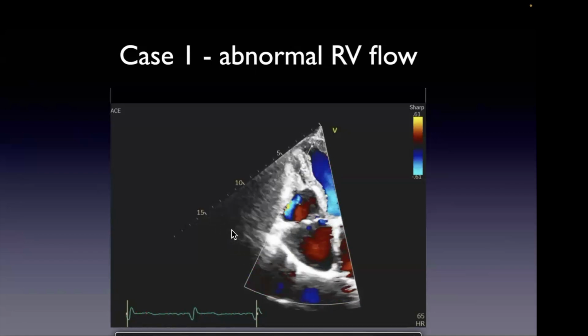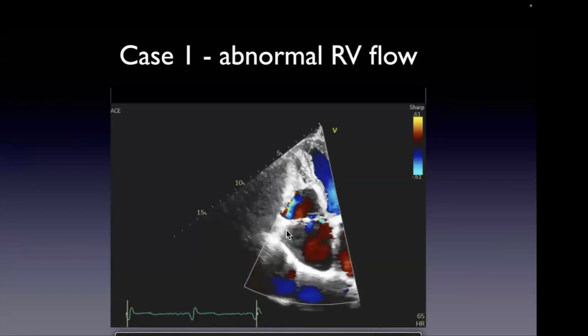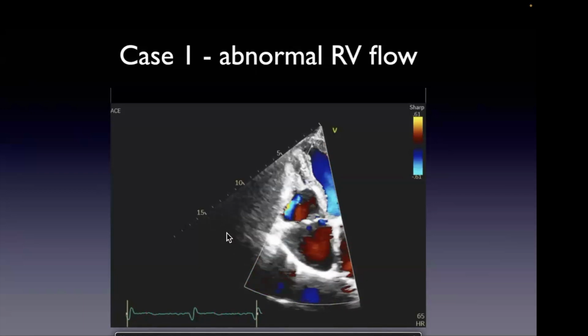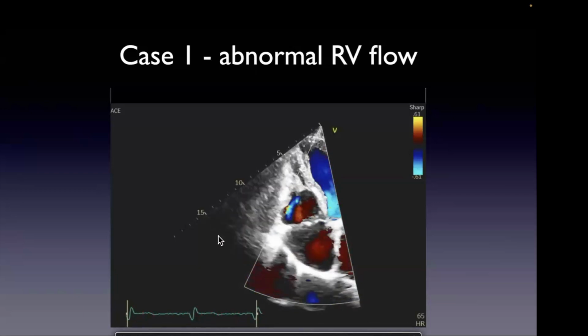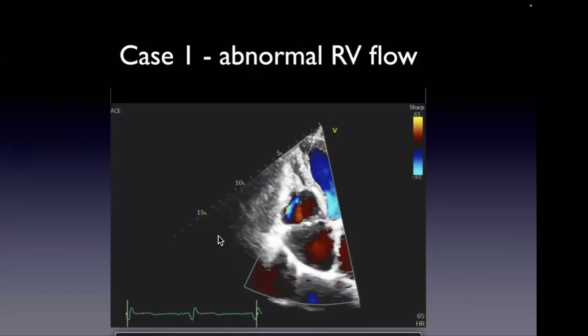It's blue, so we know it's headed towards the tricuspid valve. So it looks like it's originating in the mid RV and headed superiorly towards the tricuspid valve. And if you look at the timing, it's predominantly systolic, right? You can tell because it occurs when the tricuspid valve is closed and the RV is contracting.